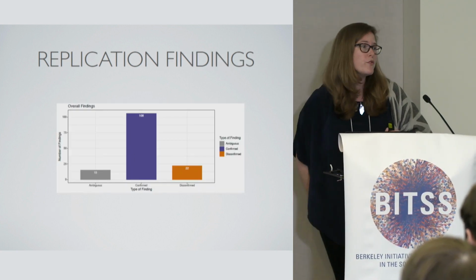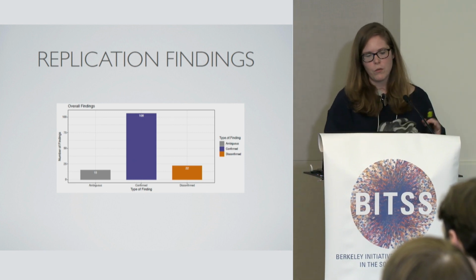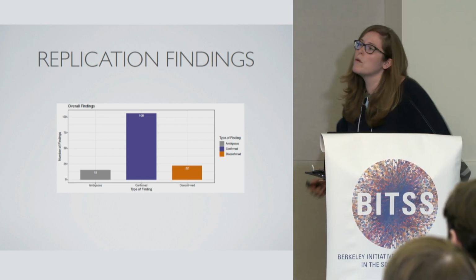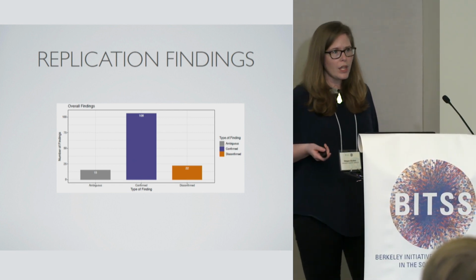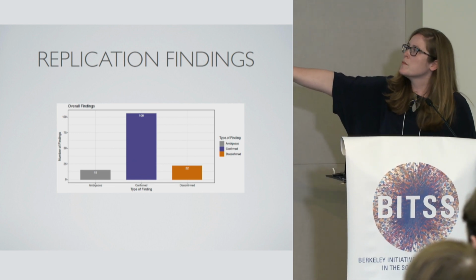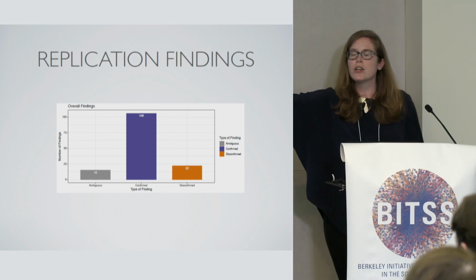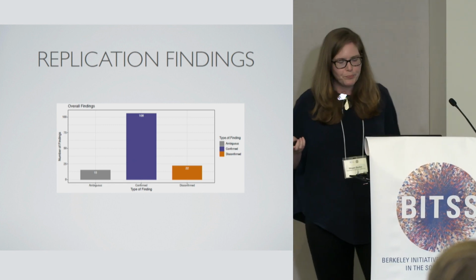Just to give you an overview of the findings that we had, basically 1 in 4 of Ross's codings we were unable to replicate. This is a breakdown. The orange is the disconfirmed, which is roughly 15% of the codings, and 10% of the codings we determined to be ambiguous.